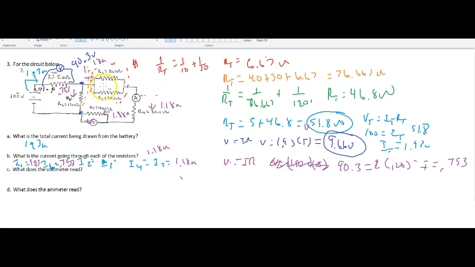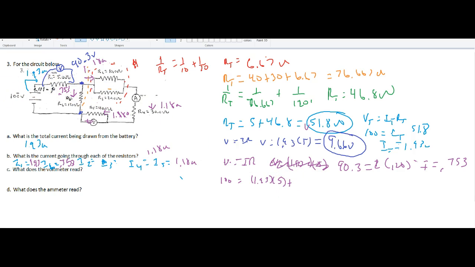But I can solve for some voltages, right? My thing has to lose 100 volts. So I imagine my electron coming out of the battery. It dumps some here, gets here, dumps some here, dumps some here, and then goes all the way back to the battery. So I have 100 volts. I'm going to lose 1.93 times 5 going through that first one.